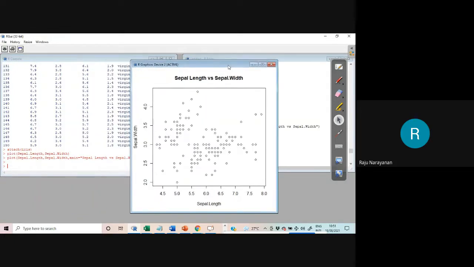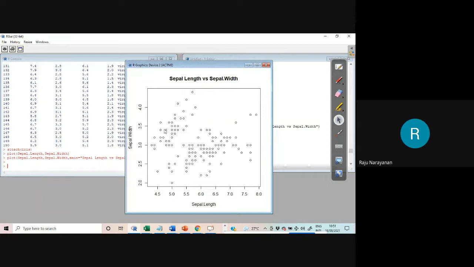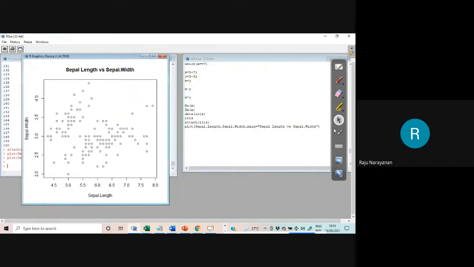Suppose you are not happy with this type of format. You can change the format. What is that? pch. With pch you try 1, 2, 3, 4, 5, 6, etc., and you can get different types. You can see an inverted triangle.